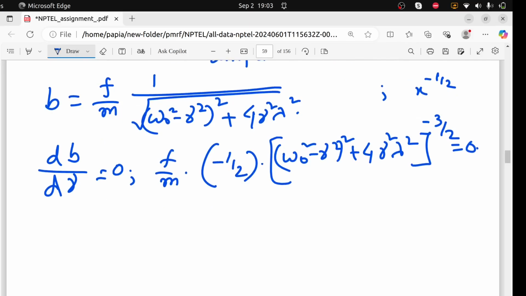This whole term will not be 0, so the derivative will be 0. So now gamma square minus omega, sorry.